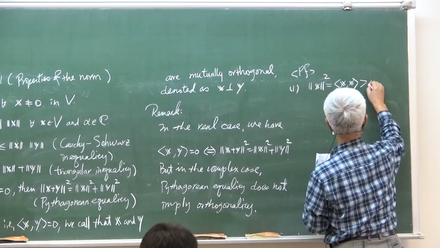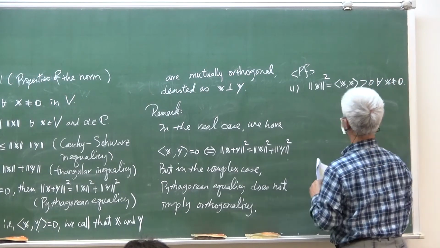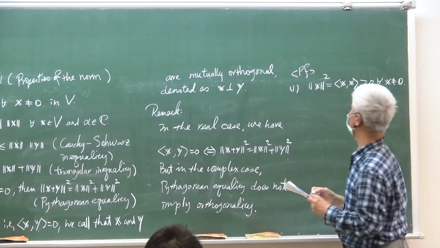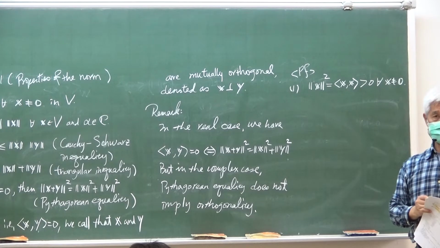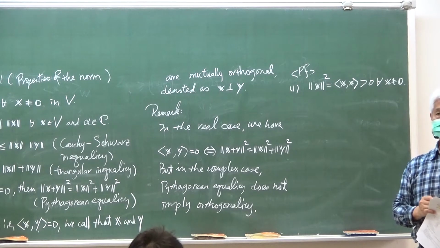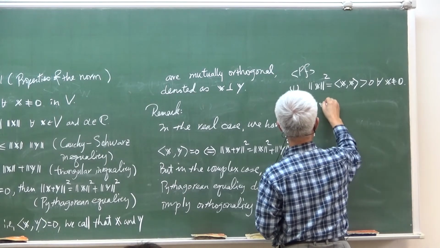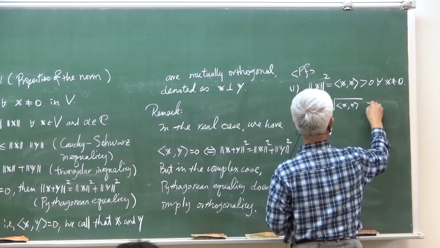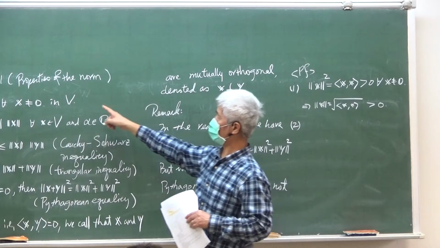So this is greater than 0 for all x not equal to the 0 vector. That is from the non-negative property of the inner product. So this implies the square root of this is greater than 0. Right, so that is the first property.